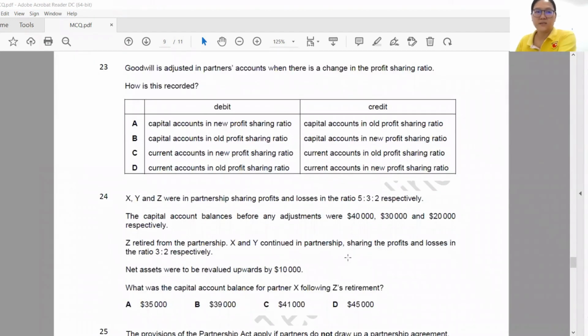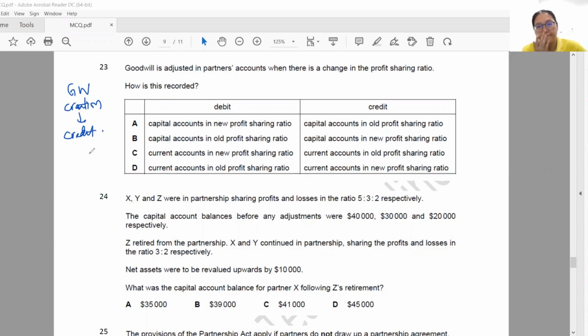Okay, question 23. Goodwill is adjusted in the partner accounts when there is a change in the profit ratio. So the creation and the write-off. Goodwill creation is recorded on the credit side.